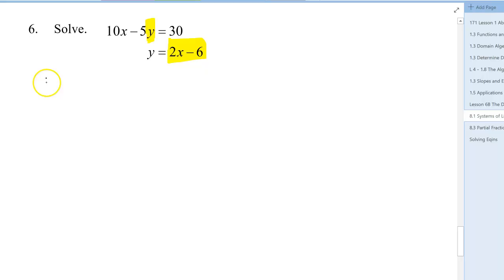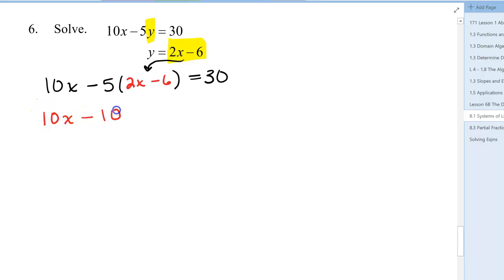So that's going to give me 10x minus 5, and then I'm going to leave room to plug in what y is equal to here. So I'm going to plug in 2x minus 6. So that gives me 10x minus 10x plus 30 equals 30.